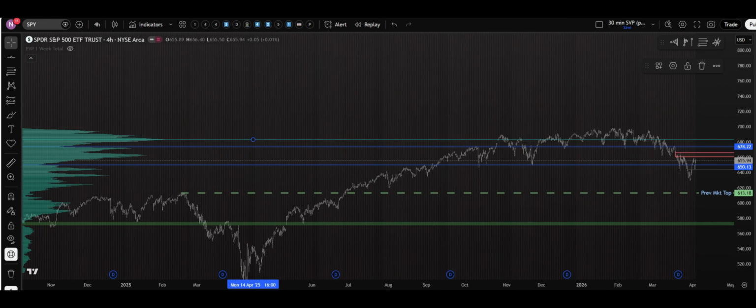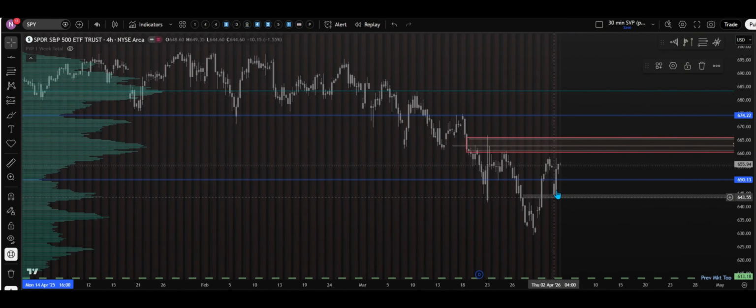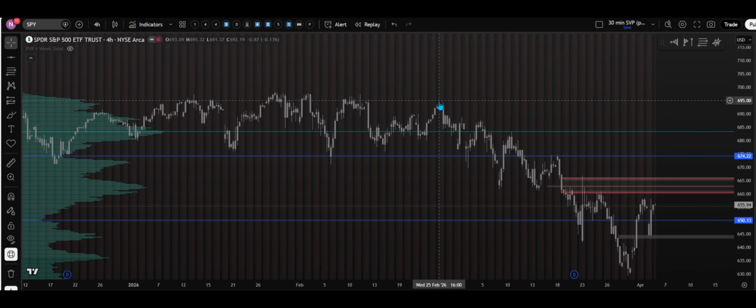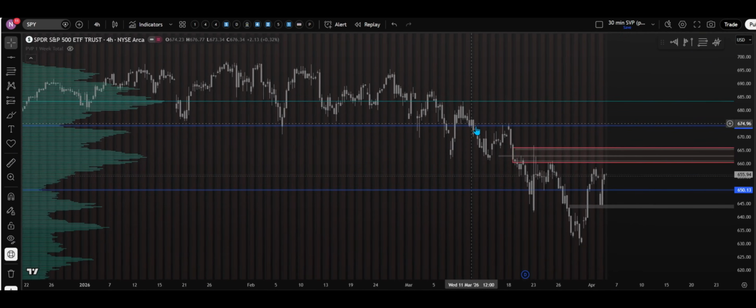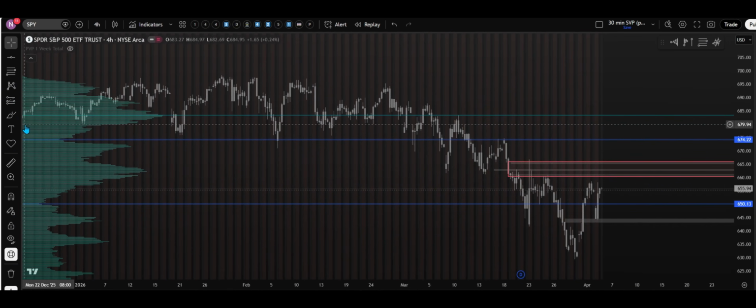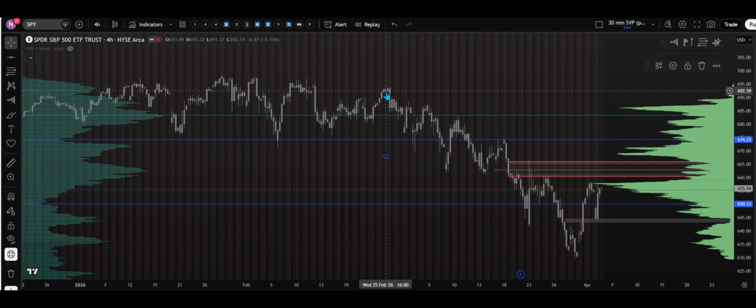So just the same way, I want to see the volume profile from where the bear market technically started, that pivot point, down to the current day. So let's go ahead and put an anchored volume profile in from this point right here. And that's this volume profile here on the right.